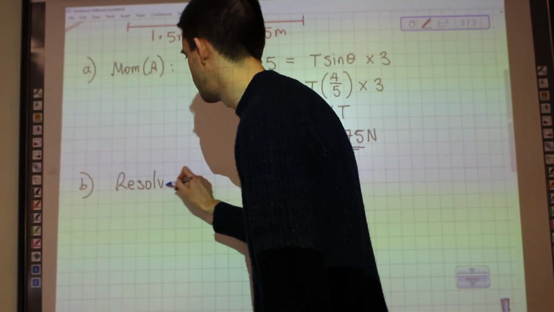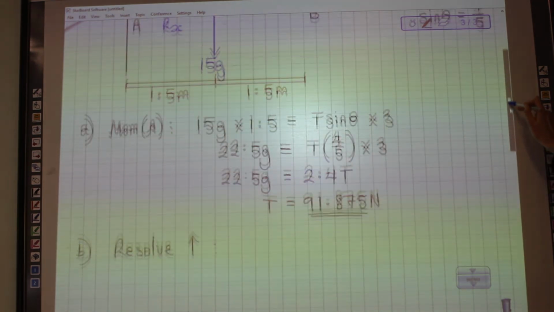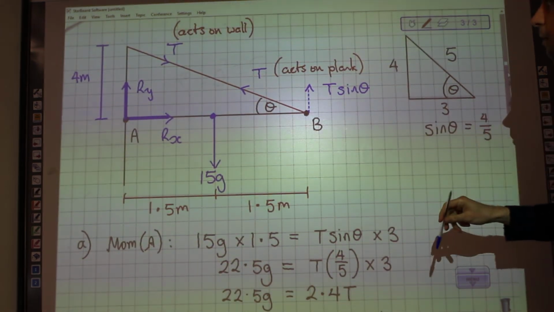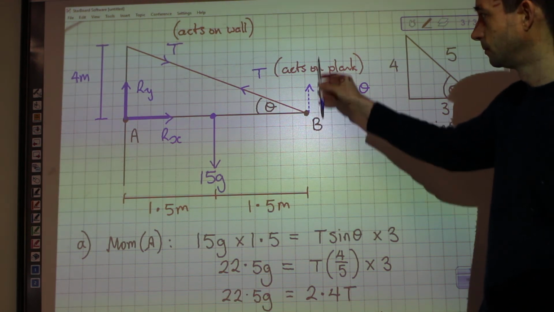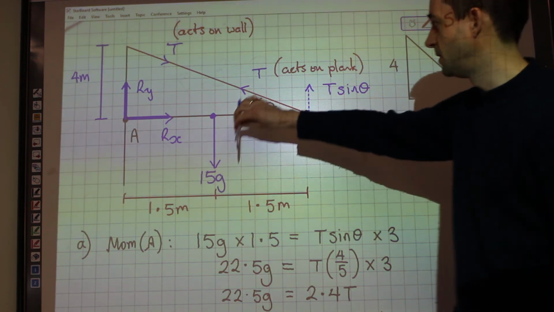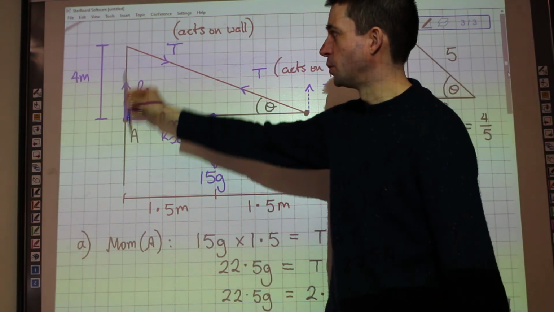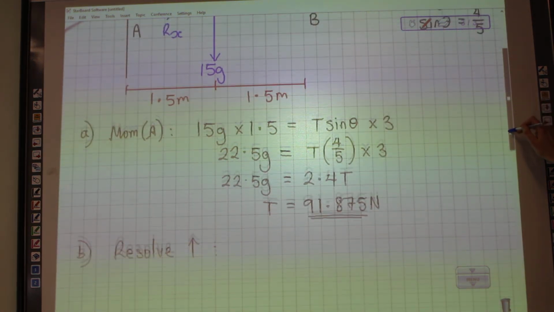So resolving vertically, let's refer back to our diagram. Force acting up, we've got T sine theta. Force acting down, we've got 15g. And we've got another force acting up here, which is the reaction at Y. Okay.